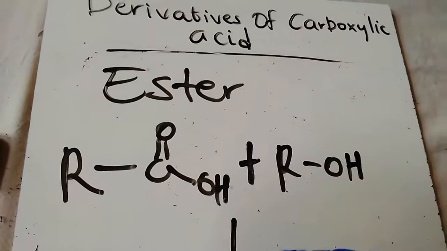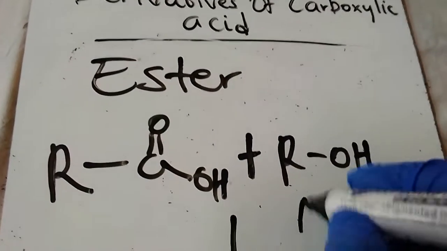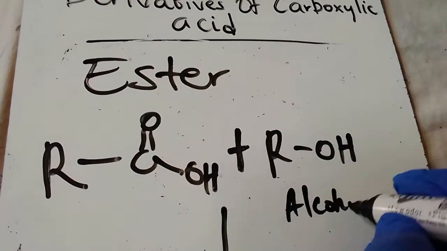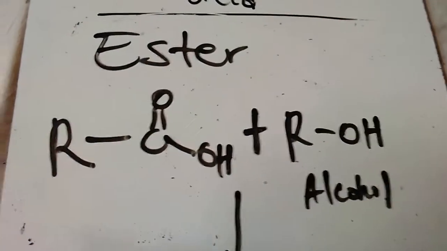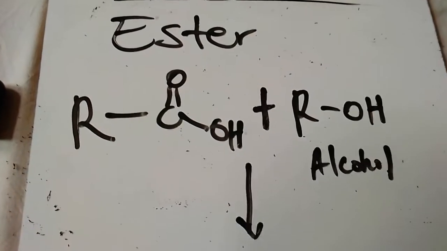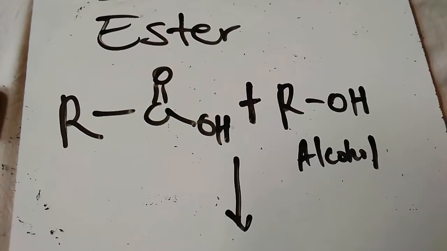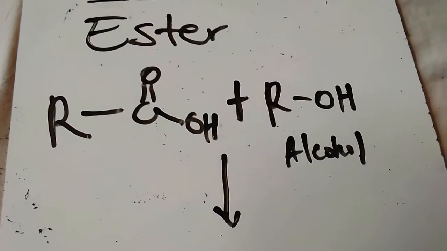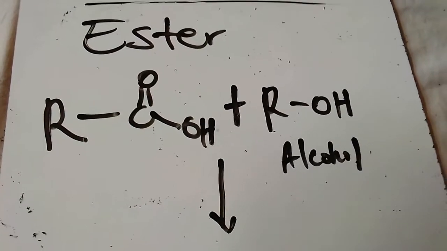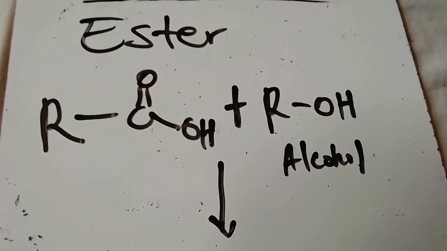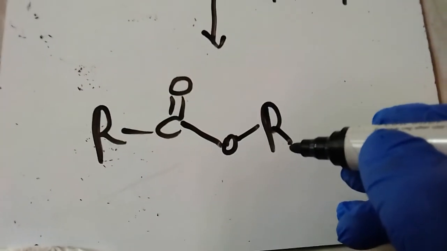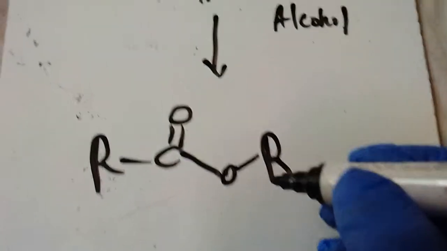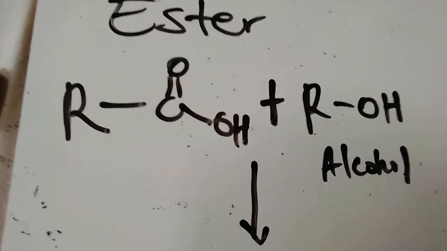We are going to produce, so this is an alcohol plus a carboxylic acid, we are going to produce an ester. So this is an ester. It is produced by reacting carboxylic acid with an alcohol.